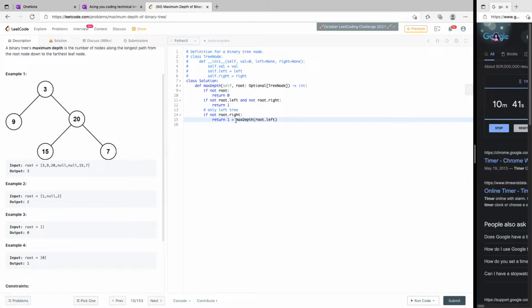We use self here because it's a class. This will recursively take care of everything on the left side.